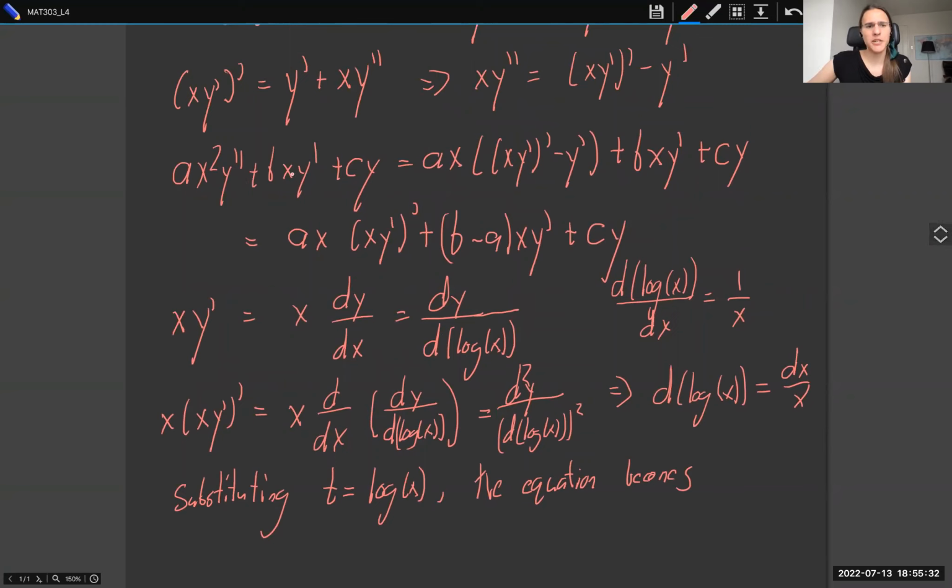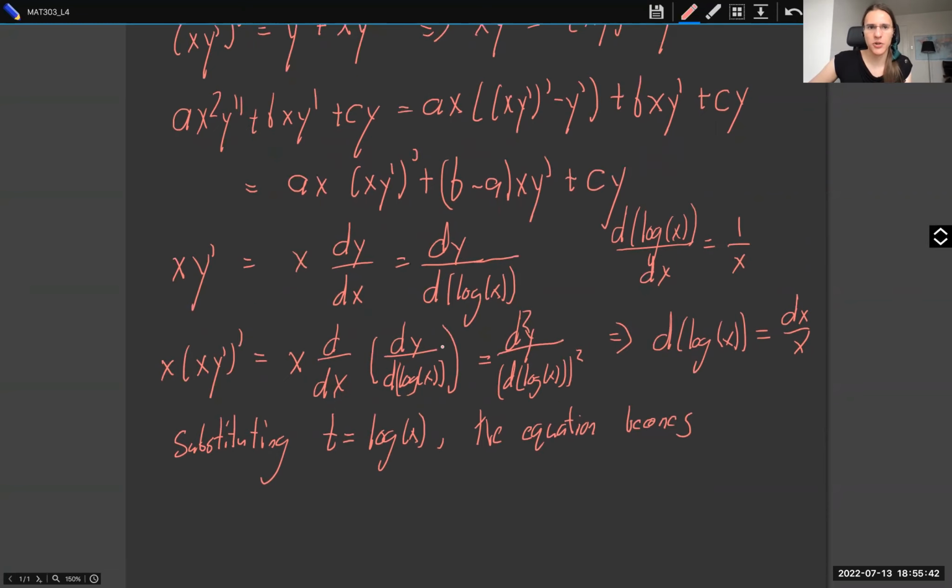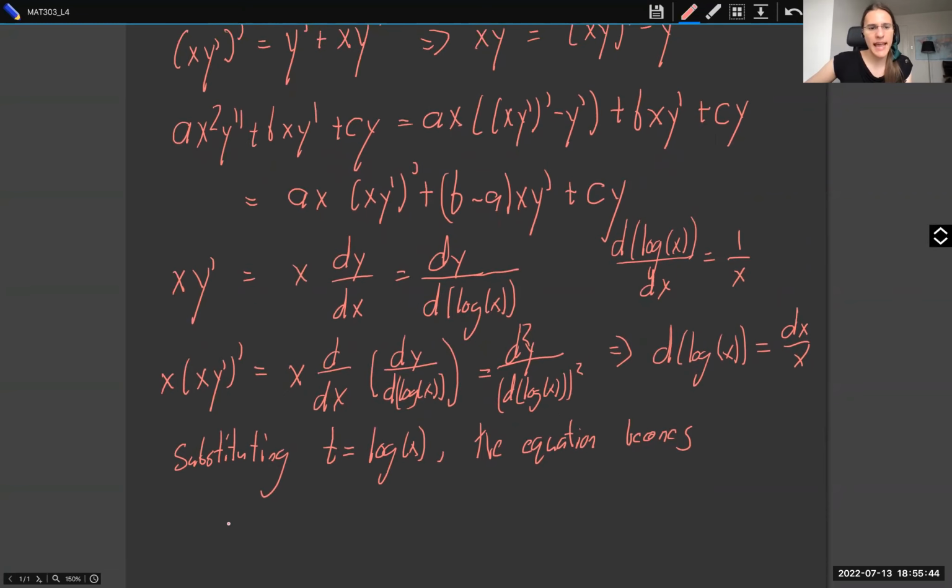Well, then this expression right here is nothing but y prime prime with respect to t, instead of with respect to x. So now we're taking t derivatives. And so this becomes a y prime prime plus b minus a y prime plus cy equals 0, where derivatives are with respect to t.